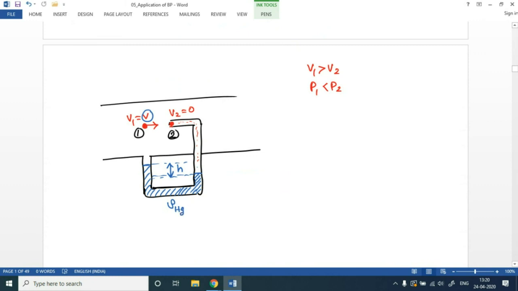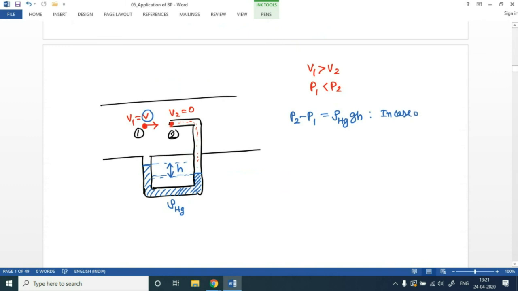Now, can we find the pressure difference between point 2 and 1, P2 minus P1? Since we have used this Pitot tube, P2 minus P1 is simply going to be rho Hg into g into h. That will be in case of gas.